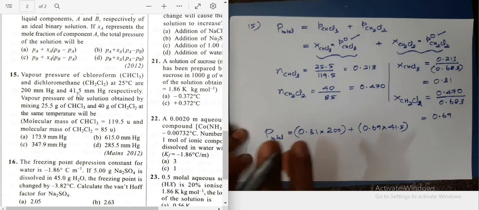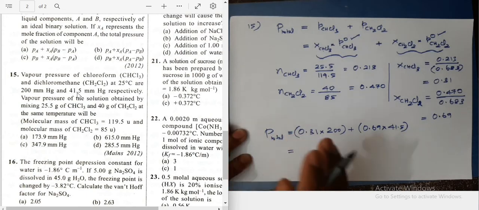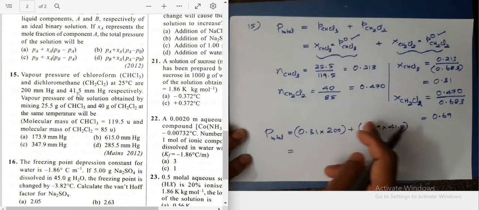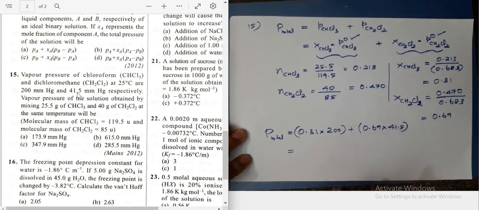I'm going to give you the final answer. I'll leave it to you; just simplify and check whether it is correct or not. The final answer is 90.63 mm of mercury. So this is the total pressure we obtained through this.